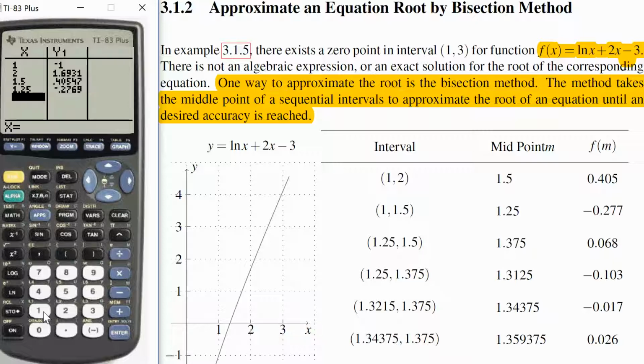You plug in 1.375, you hit enter. You have 0.06845. And again you drop the 4 because it is less than 5. So you get 0.068 right here. Then you get a positive value for 1.375.